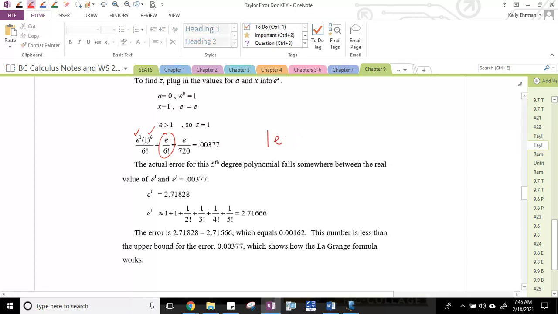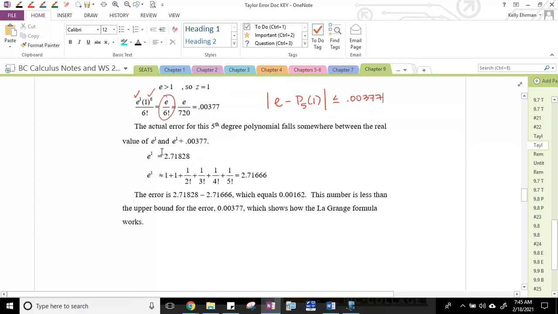So what we're saying is the difference between e to the first and my 5th order approximation evaluated at 1 will be less than or equal to 0.00377. That's the maximum amount we can be off. The actual error would be, go ahead and put e to the first into your calculator. There's e. Go ahead and plug in 1 and calculate what the Taylor polynomial approximates e to be, and subtract those values.